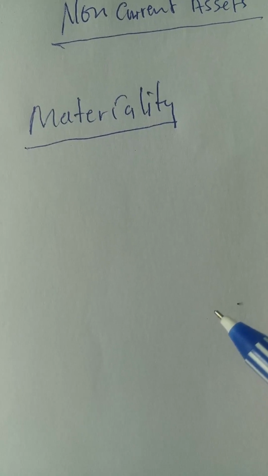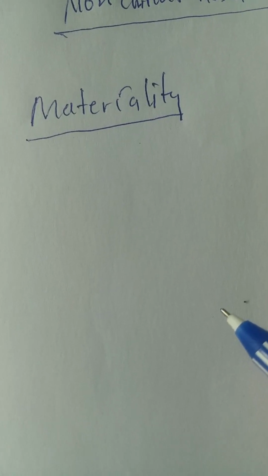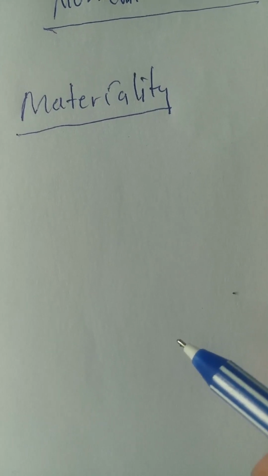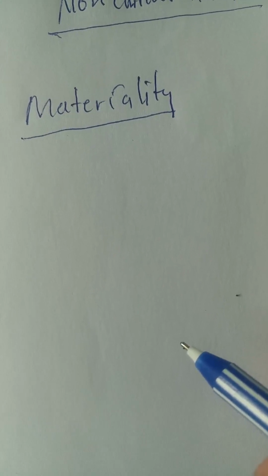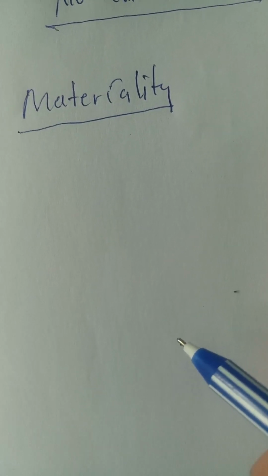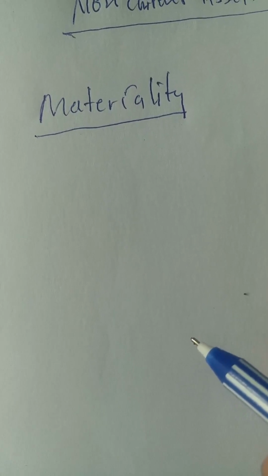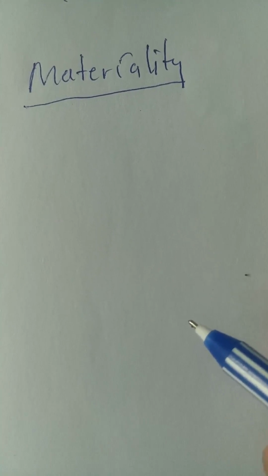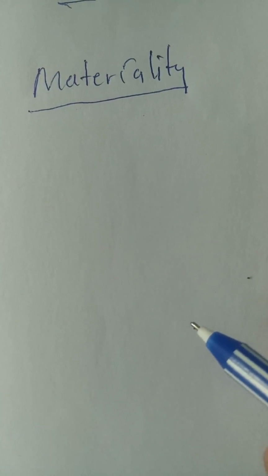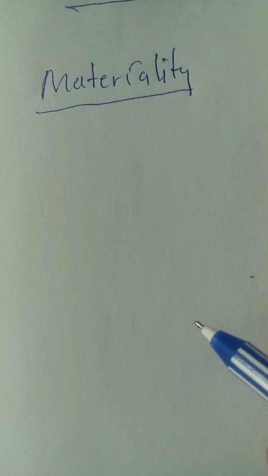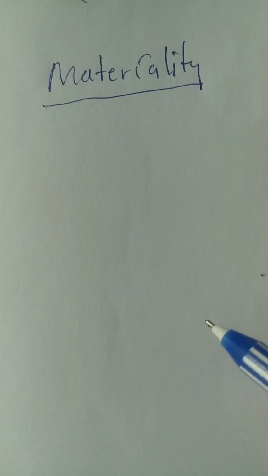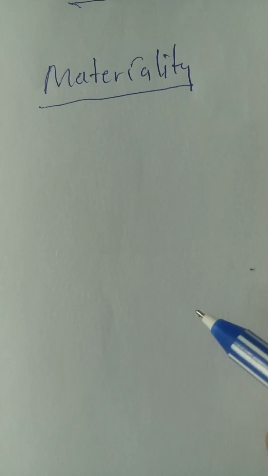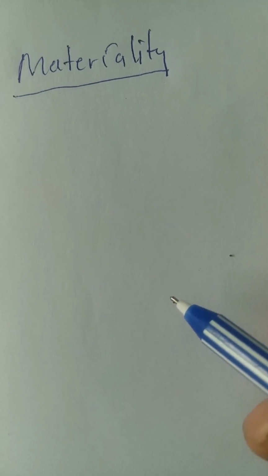For example, a box of pencils, a paper basket, a broom, and so many other small assets. Depending on the value that those small assets make when put together, they will be regarded as an asset. That's what materiality is all about. So something that is material to a small organization may not be material to a large one. It depends on how big the organization is.